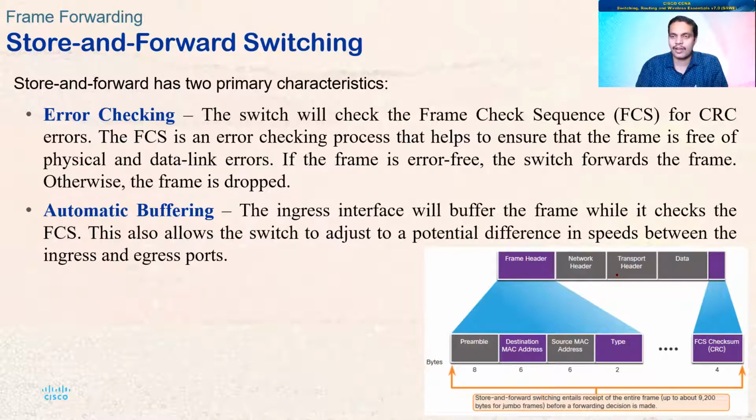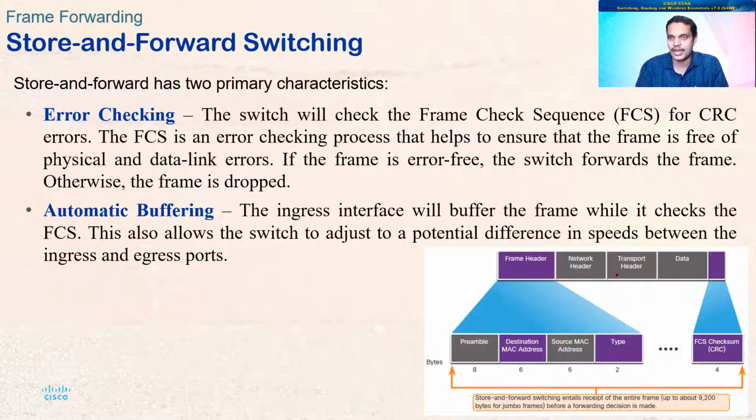If you remember correctly regarding the Ethernet frame, the last part of the frame, the trailer, is the FCS, frame check sequence, which has the CRC, which allows you to check for any errors in the received frame. So once the switch receives the entire frame, it will compute its own FCS and compare it with the FCS within the frame.